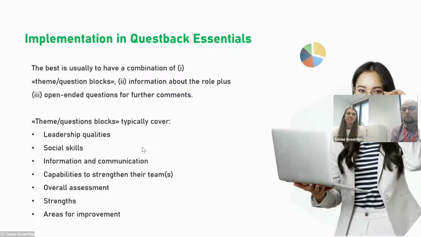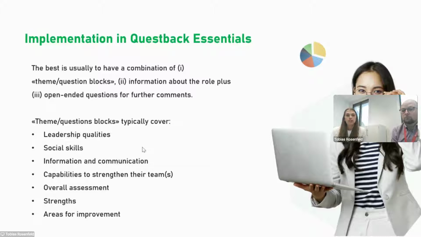When it comes to implementing this in Questback Essentials, the best way is usually to have a combination of different theme or question blocks, and also to include some information about the role of the person that is evaluating the manager, and also have a few open-ended questions so that you can get more comments.